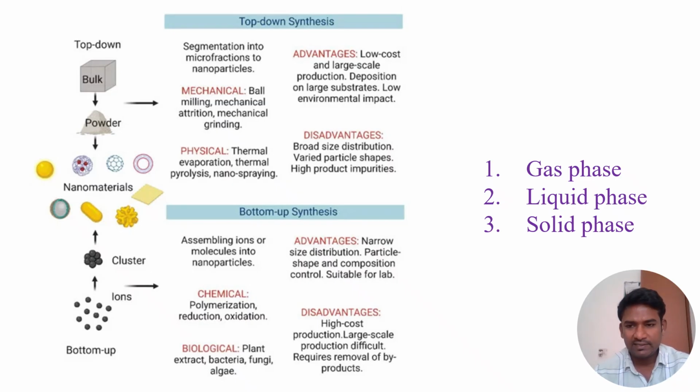So this slide clearly tells you the examples, merits and limitations of the top-down approach. Similarly, the definition and the strategies of the bottom-up approach, while highlighting the advantages and limitations.